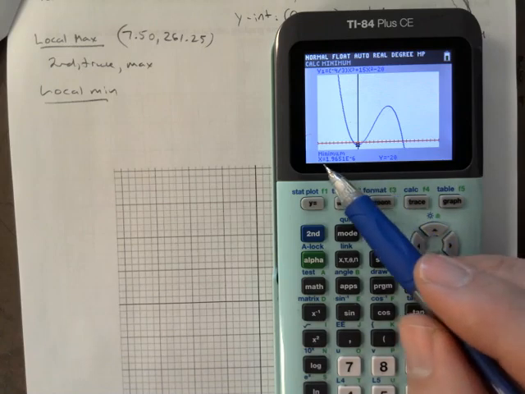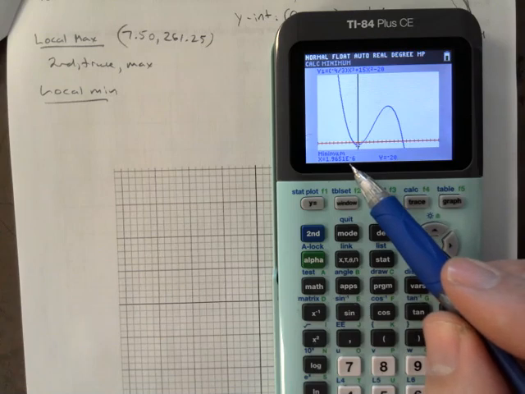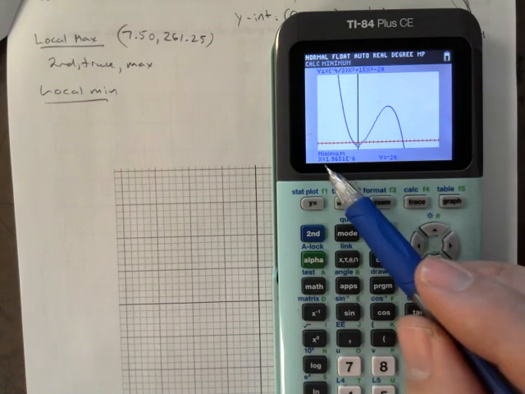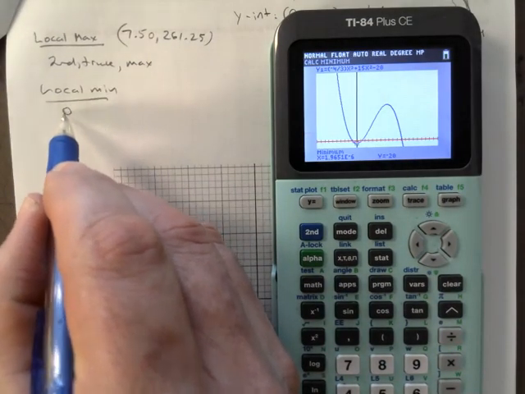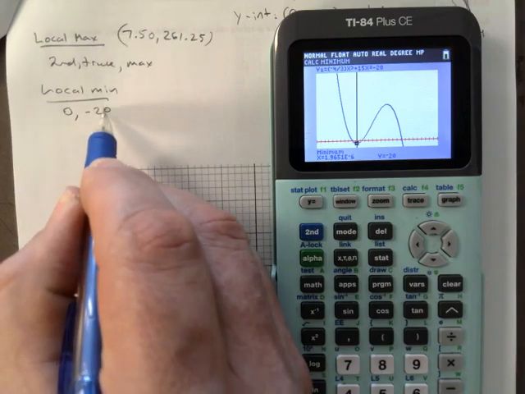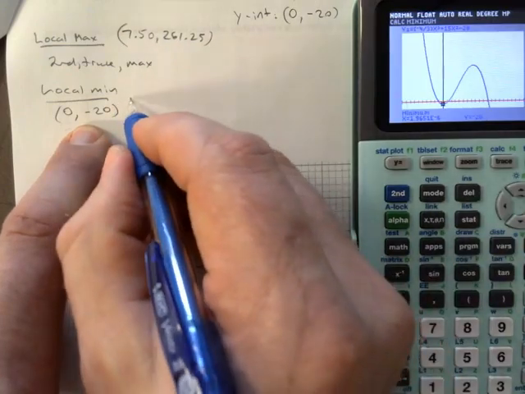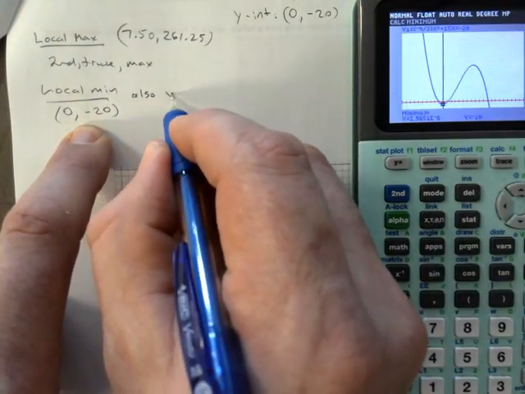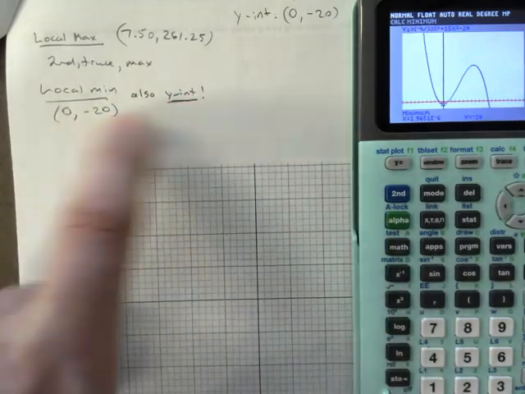What's this? That's 0. See that? E to the negative 6. This is actually 0. It's right on the, so we're going to go 0, negative 20. So my local min is also the y-intercept. So sometimes that happens. Okay.